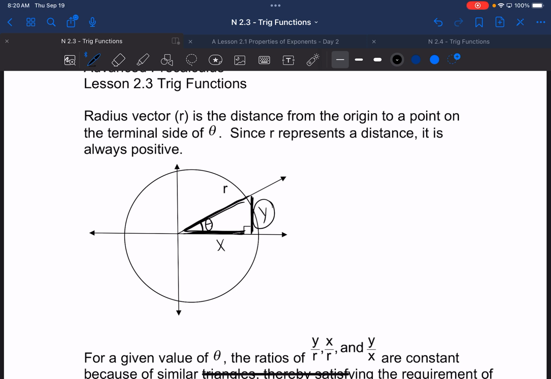Even if I were to draw my right triangle over here, y is still over here and my theta is still here. So y is always our opposite side, which means x is always going to be our adjacent side. Good. And r will always be our hypotenuse.